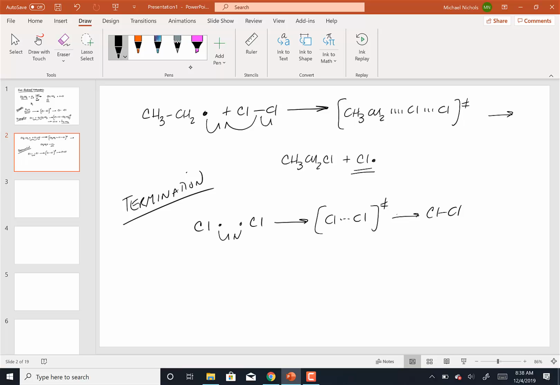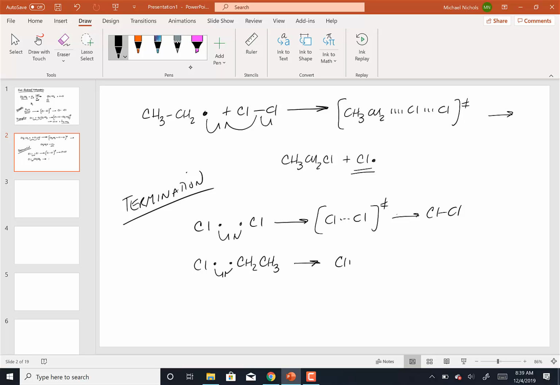Now, these three steps are going to be, I have radical A and I have radical B. So two A's could react, an A and a B could react, or two B's. So this is A and A. What would happen if a chlorine and a CH2 radical came together?